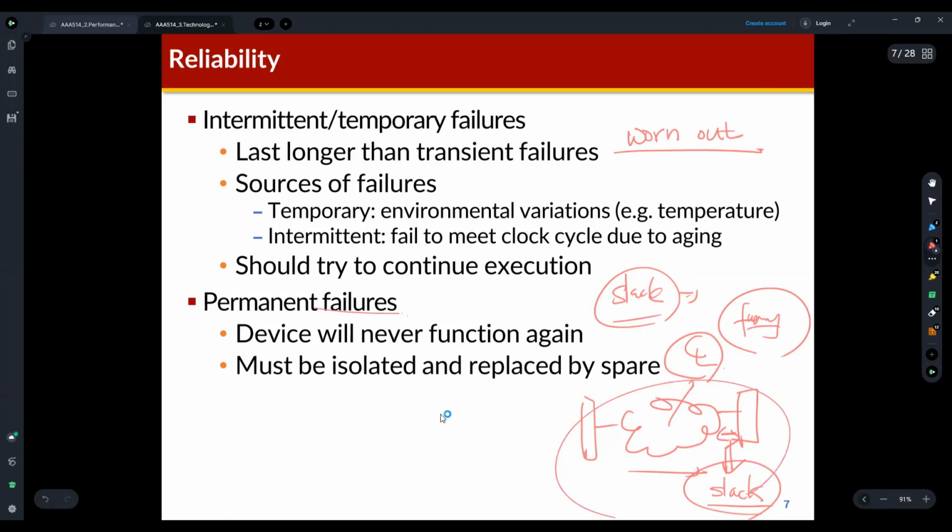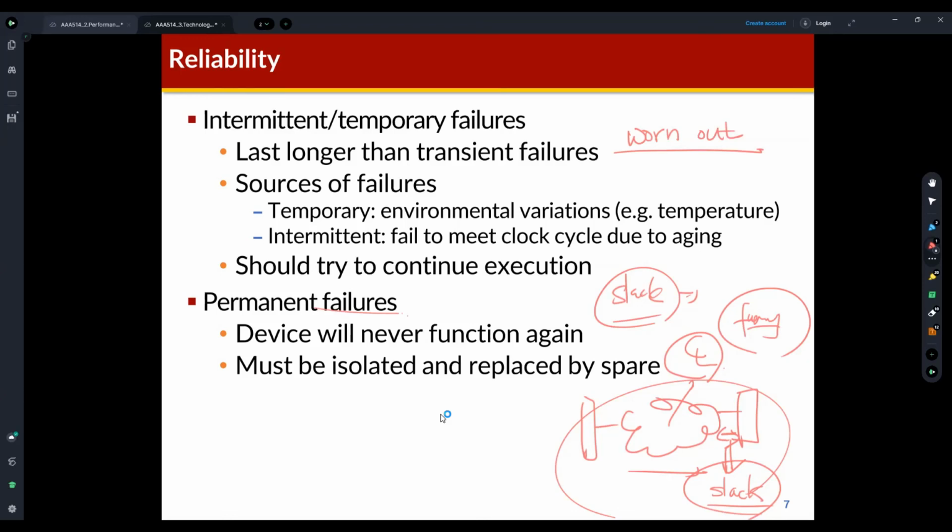So we use the processor for a long time. Also think of a data center server system. We do not turn off this server system, and many users are using the data center servers.